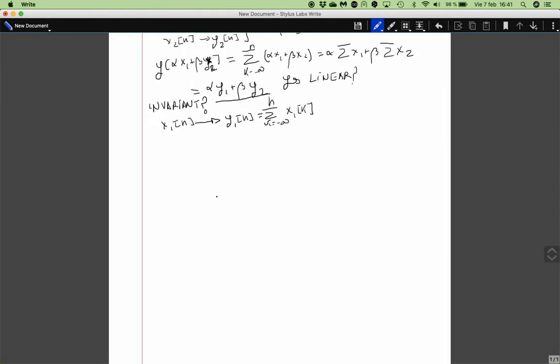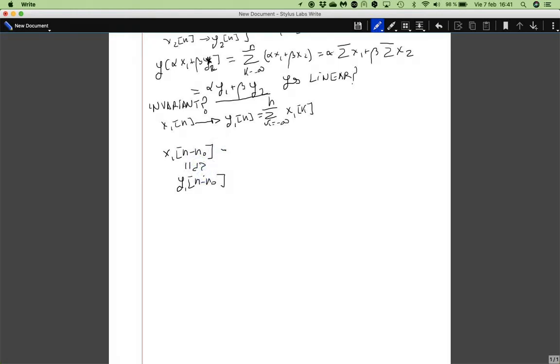Let's see what happens if now we make a temporal displacement, x1 of n minus n0. If the system is invariant, then this has to be exactly the same output, displaced the same amount. If it is not, then the system is not linear time invariant.